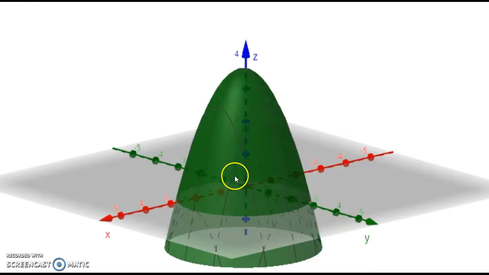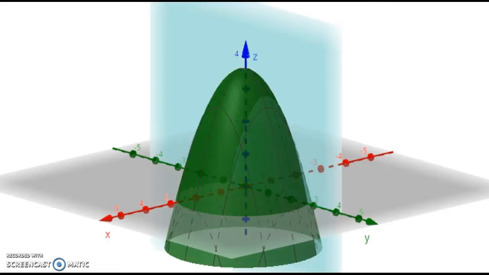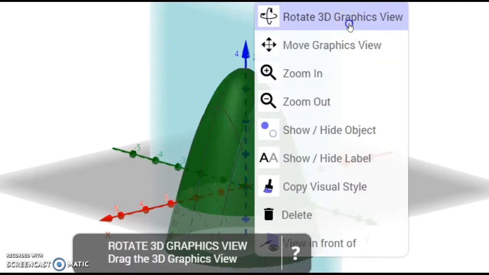on this paraboloid, which is bounded by x equals 0, which is this blue plane, as you can see from here.